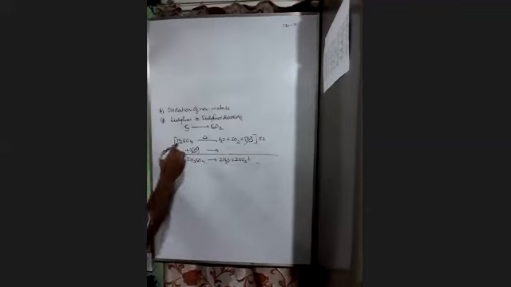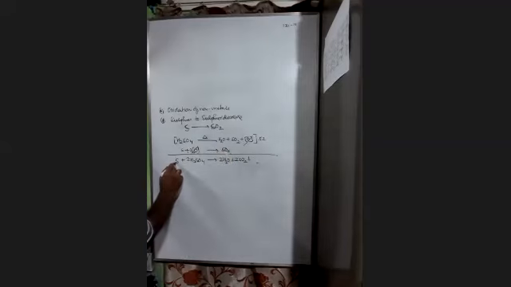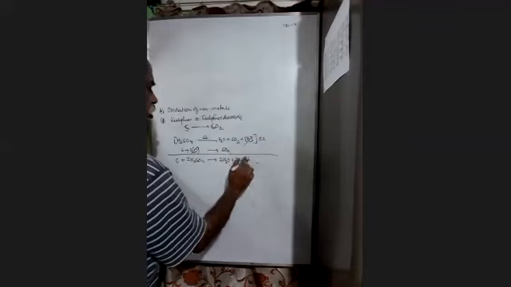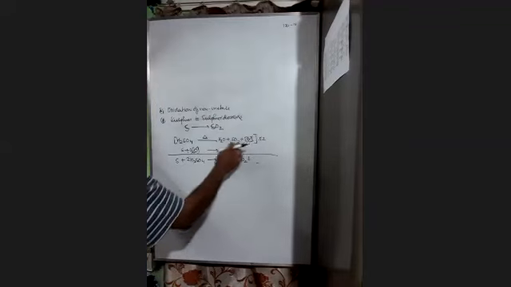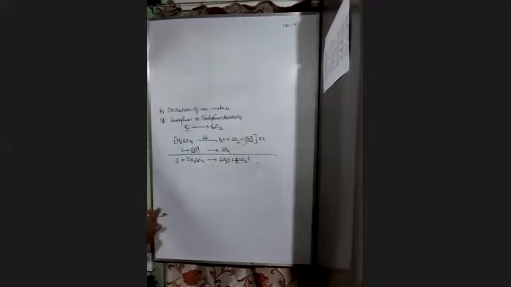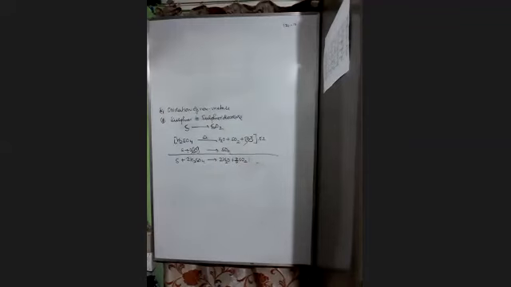Done, sir. Okay. So what we will do now here? S. Okay. S. And it is here we will write C. 2 plus 1, 3. Sulfur dioxide. Finish. Okay.